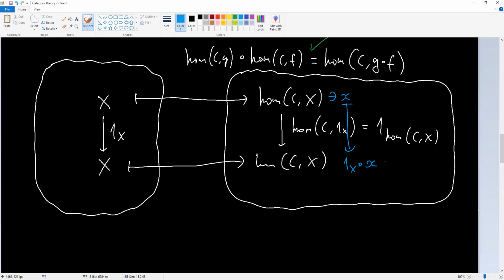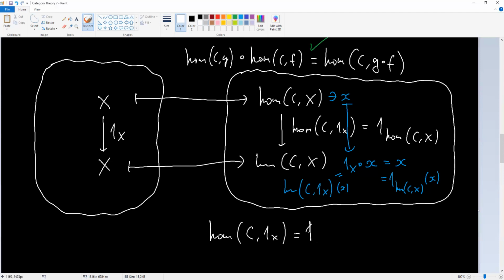But by the identity law of the category, this is actually equal to X, which is the same as identity function of hom CX applied to X. So we get the equality we claimed we would get, which is that C identity equals the identity of CX.